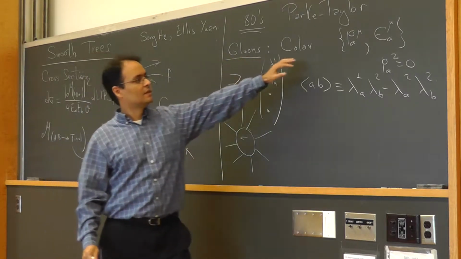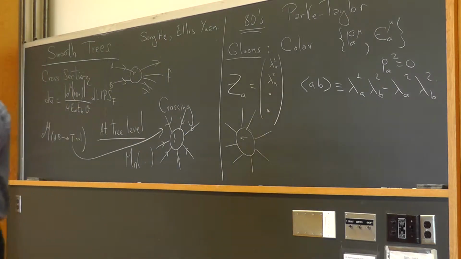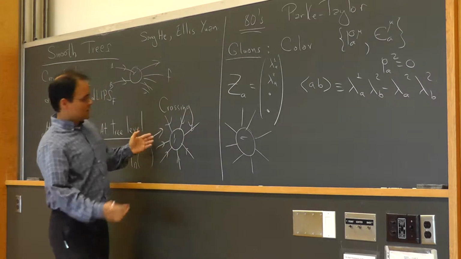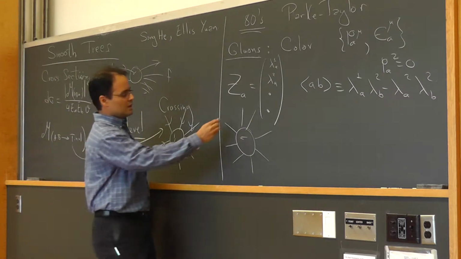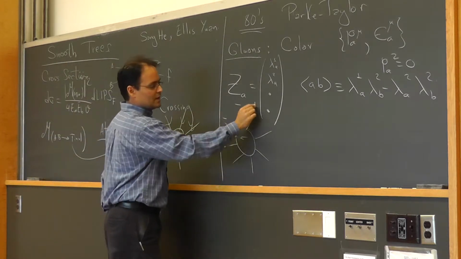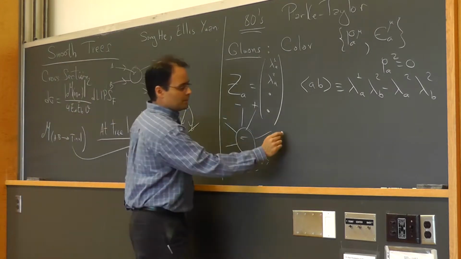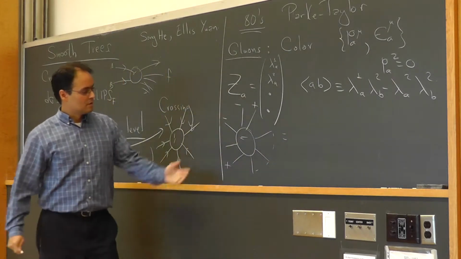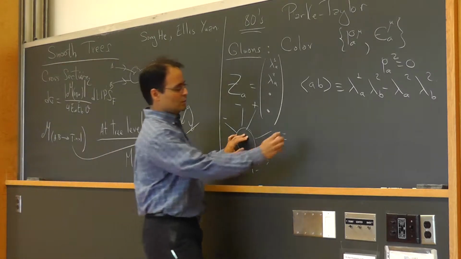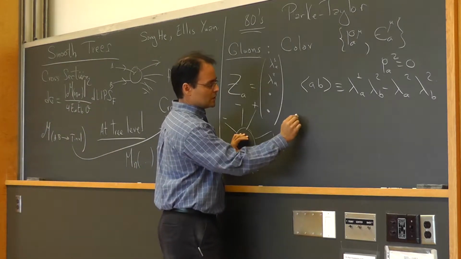Gluons carry helicity. They are massless particles, so they come with two possible helicities, plus and minus. So they found, Park and Taylor, in our description where all particles are coming, that if you have two particles of negative helicity and any number of particles of plus helicity, the formula for this amplitude is incredibly simple and is given as follows.